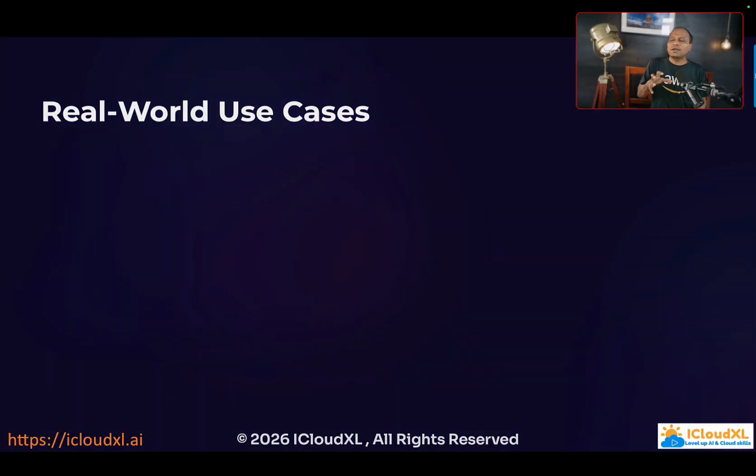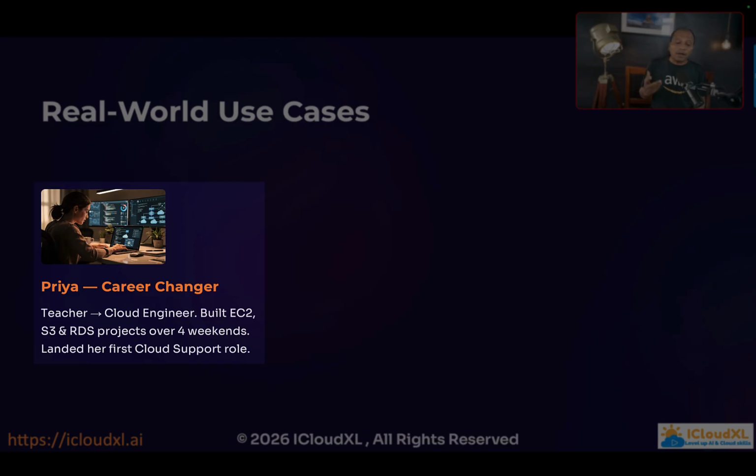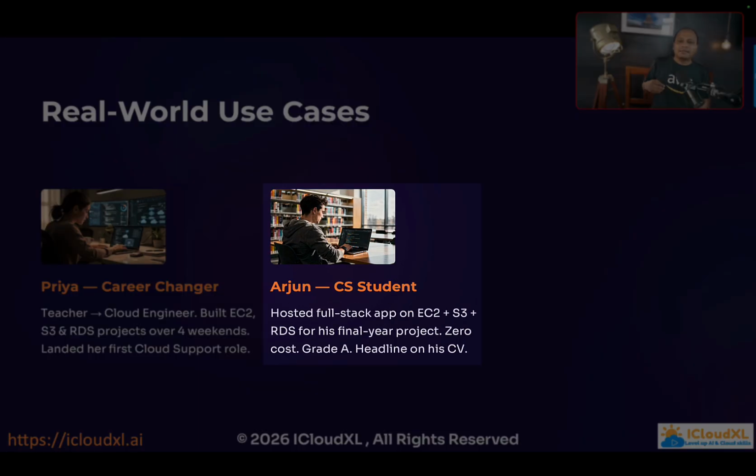Let's talk about some real-world use cases when you actually need a free tier account. Number one, let's say you were a teacher and now you became a new cloud engineer. You want to test and learn AWS in and out. Definitely you need a free tier account because companies generally don't give you that much access to try on your own. Then there is another scenario.